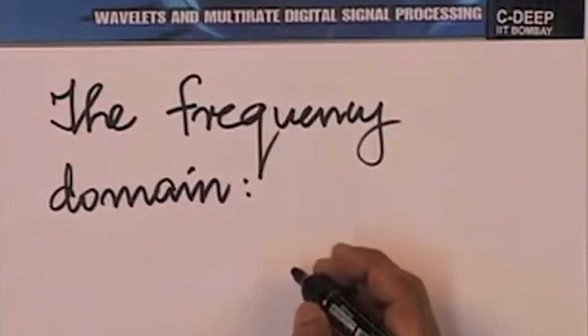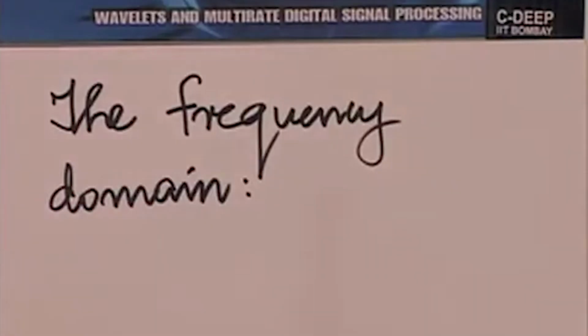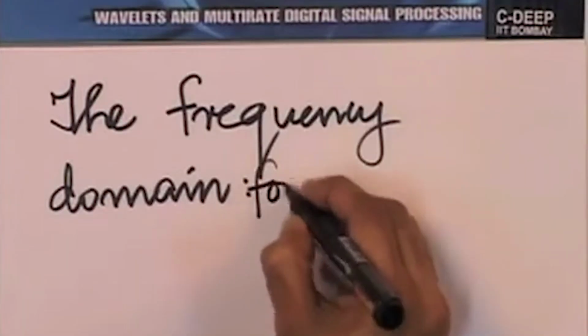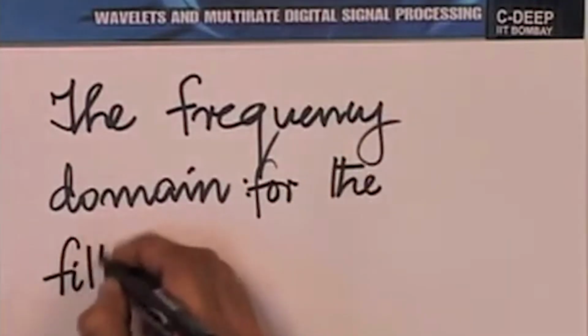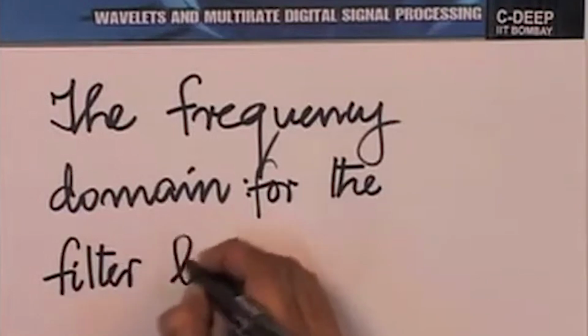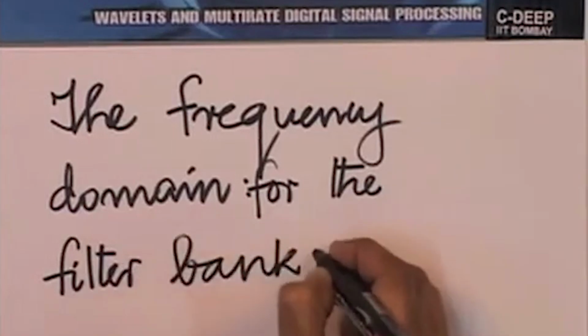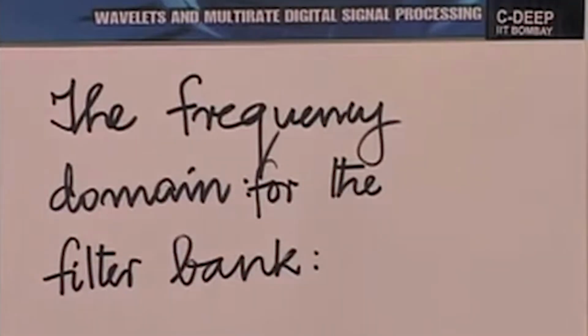And how would we get a frequency domain representation of the Haar filter bank? So, what we will do is we will progress as follows. First, we shall look at the frequency domain for the filter bank. And how would we do that?